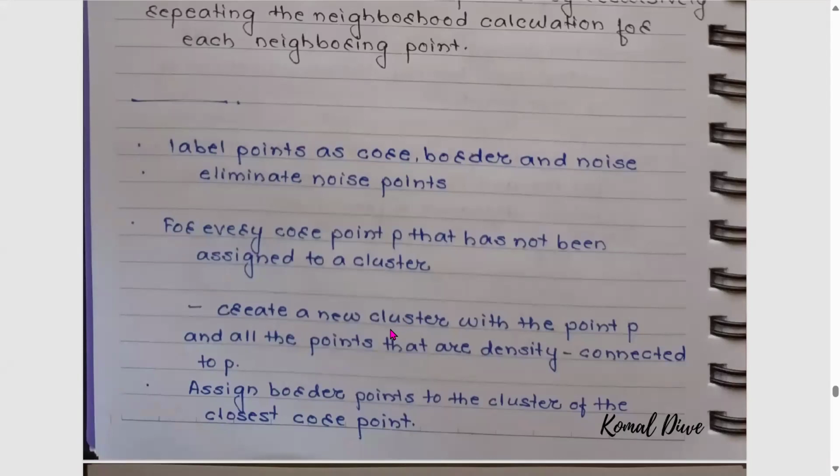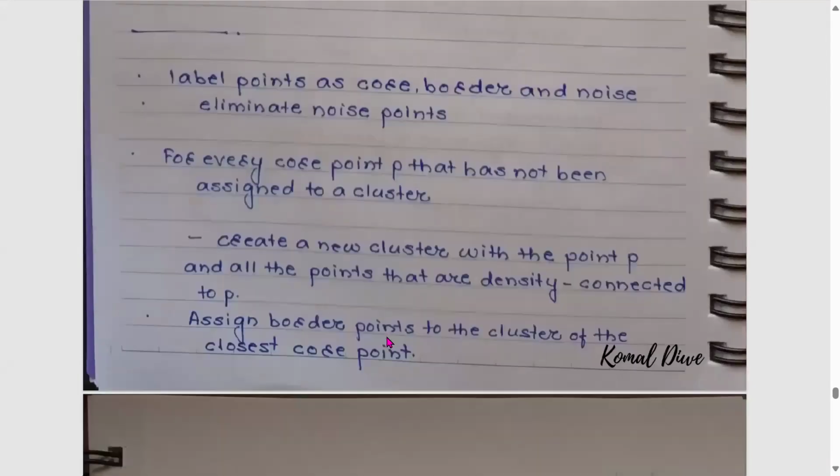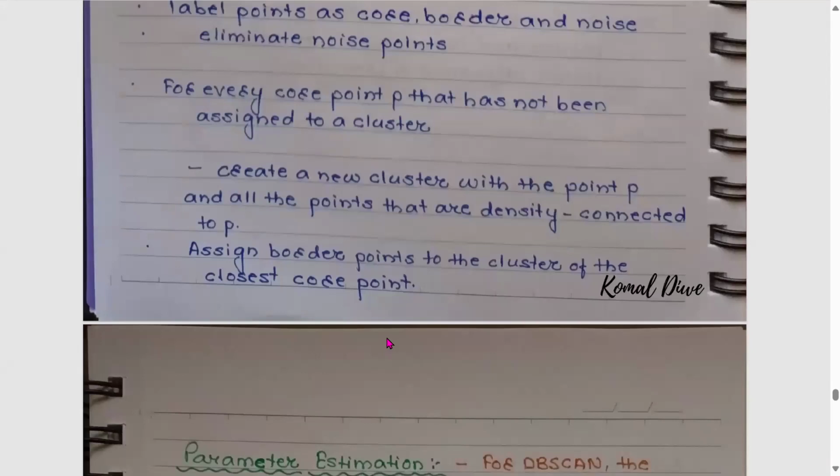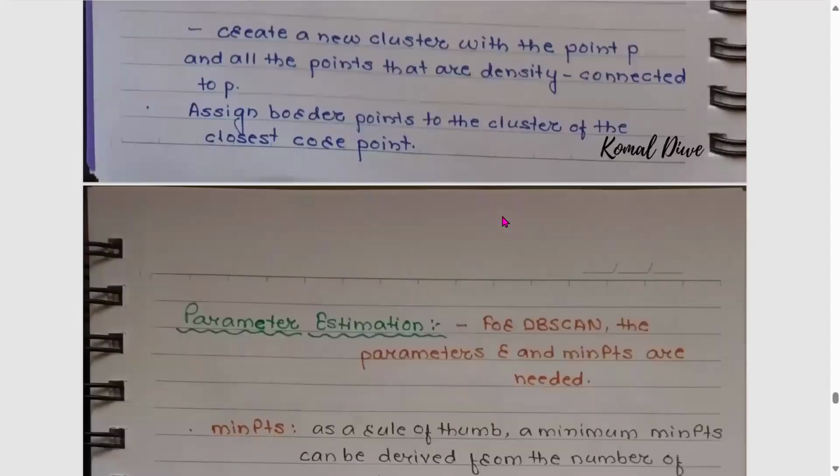For every core point P that has not been assigned to a cluster, create a new cluster with the point P and all the points that are density connected to P. Assign border points to the cluster of the closest core point.